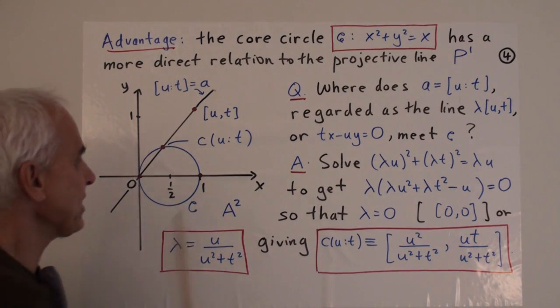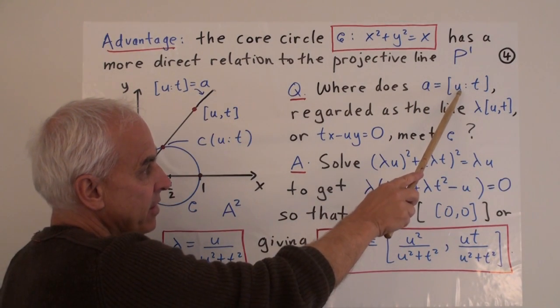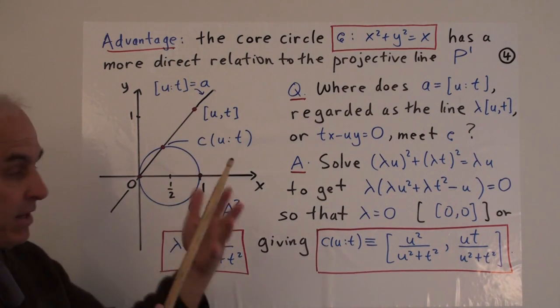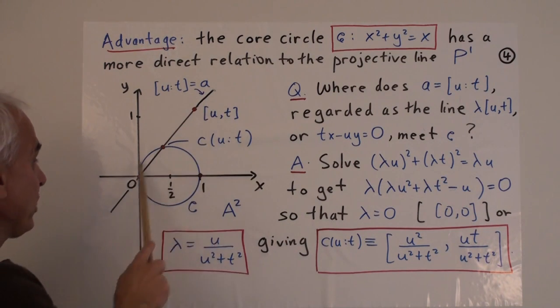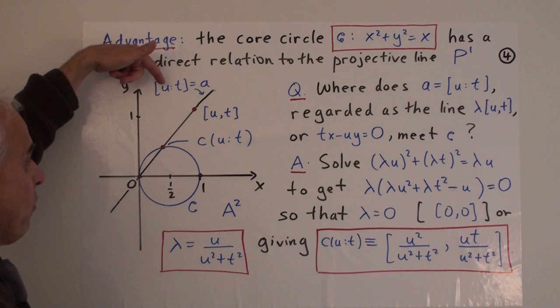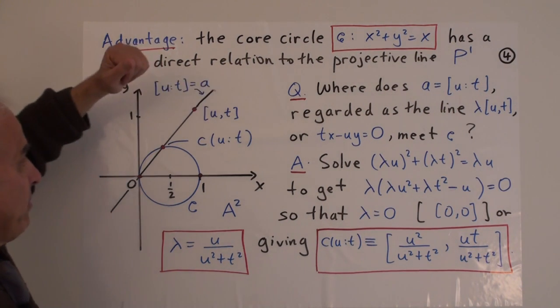So we can see that by asking the following question. Where does this particular line, the line u to t, meet our core circle C? Here's a point u comma t in the affine plane, and here's a line through that point and the origin. This is the line that we would usually call the projective one point u to t. It's determined by the proportion between these two numbers.